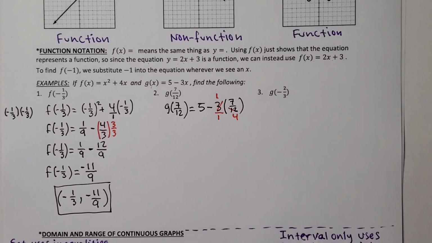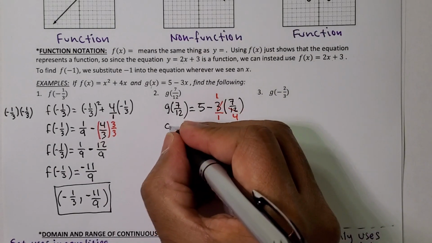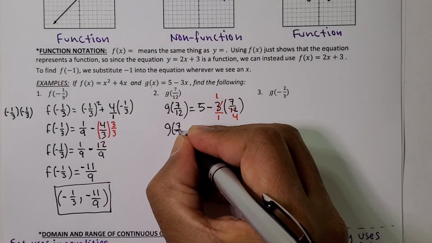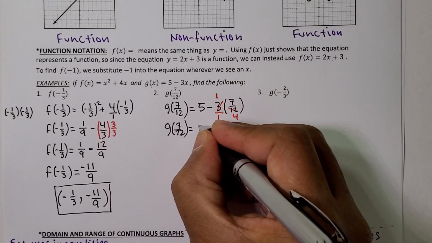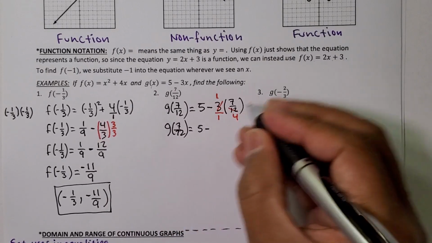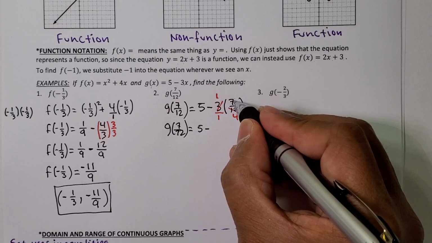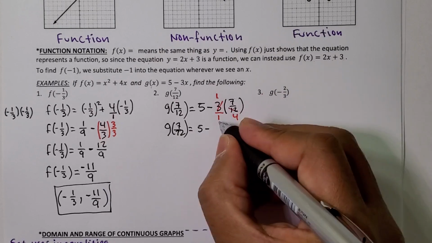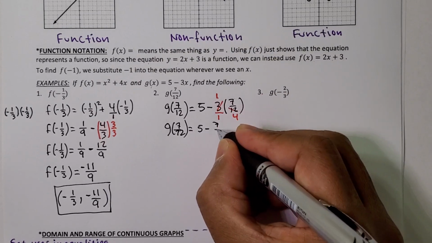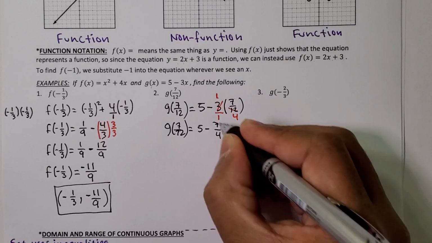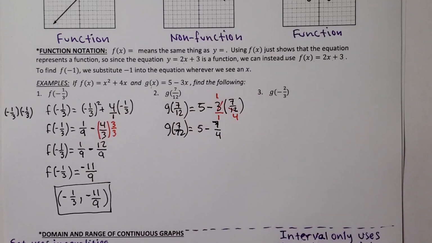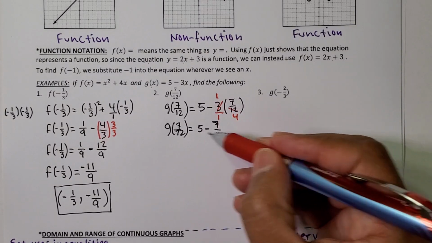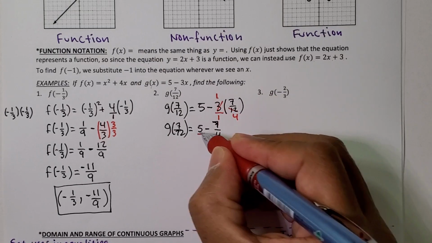Okay, so then g of 7/12 is equal to 5 minus 1 times 7 is going to be 7, and 1 times 4 is going to be 4. Okay, so 7/4. Now again, I have a 4 on this one, but I don't have a 4 on this one. I have a 1.